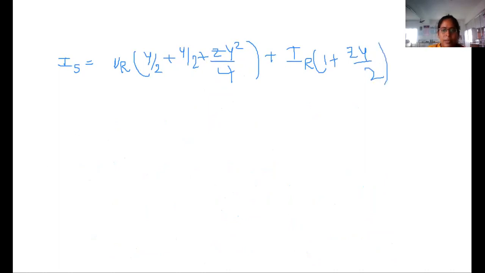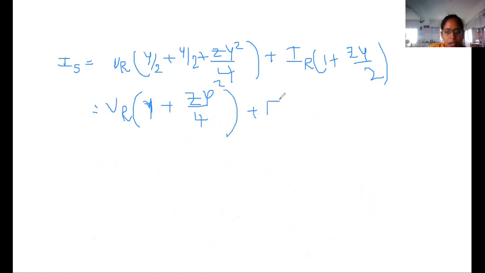This is the IR term and this is the VR term. So in the VR term, VR into y by 2 plus y by 2 is nothing but y plus zy square by 4, plus IR into 1 plus zy by 2.